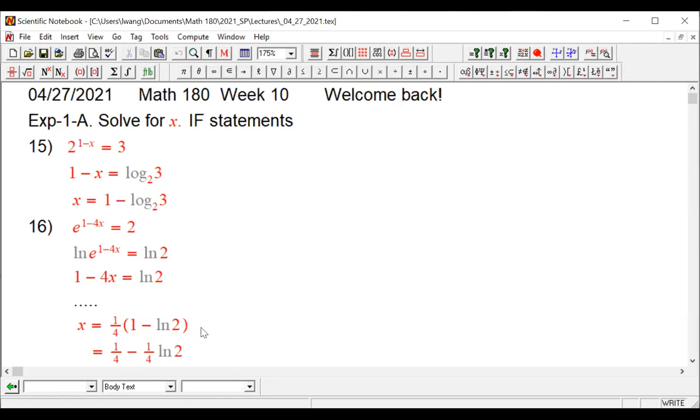Now, suppose in your program, what would you do? Can you write it this way? Or suppose I write a mathematical form: 1 minus ln 2 divided by 4. Would this be the same as 1 minus ln 2 divided by 4?